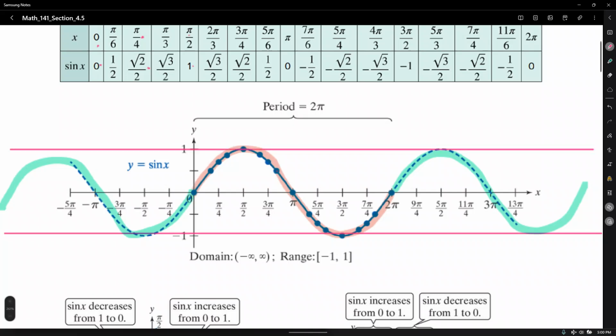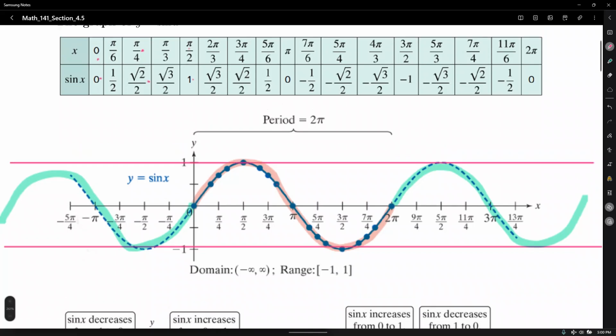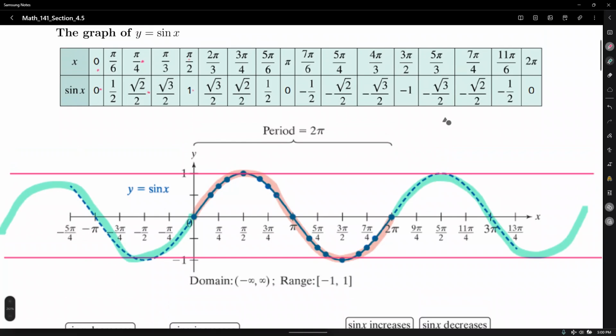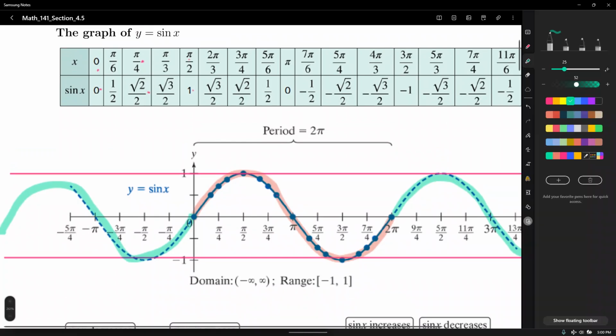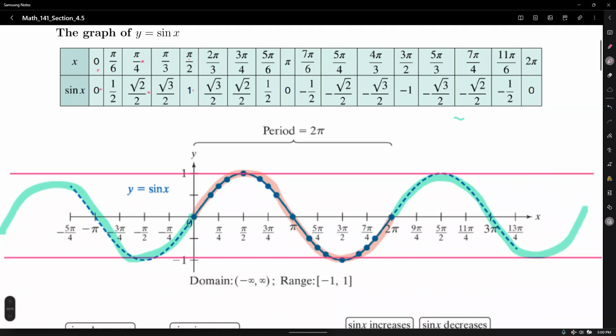Those are the minimum and the maximum values, and those are the values that you can see on the table. See how the minimum value, the smallest value, is -1, and the largest value is +1.